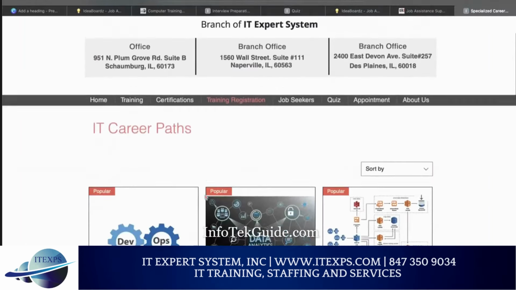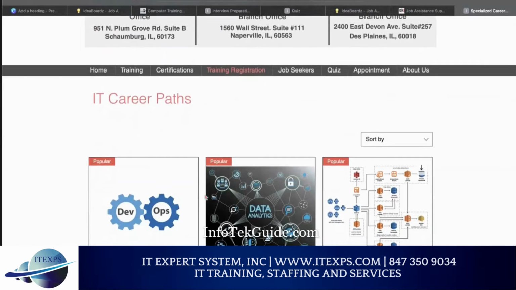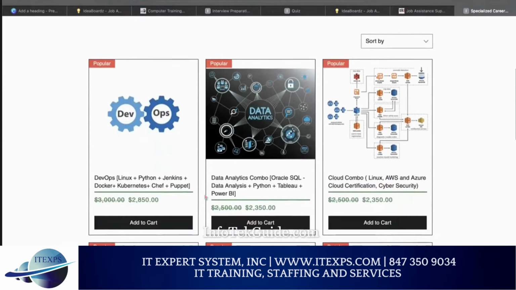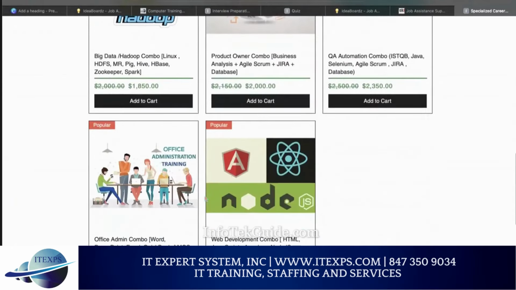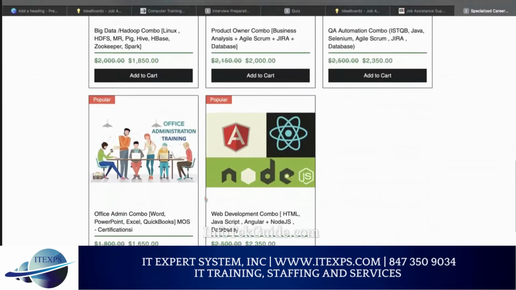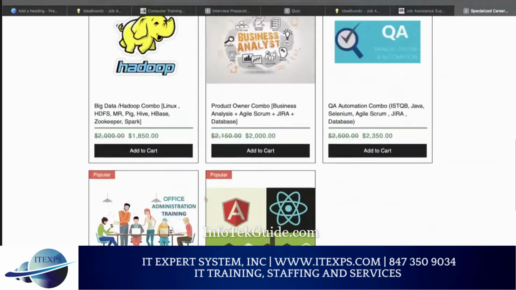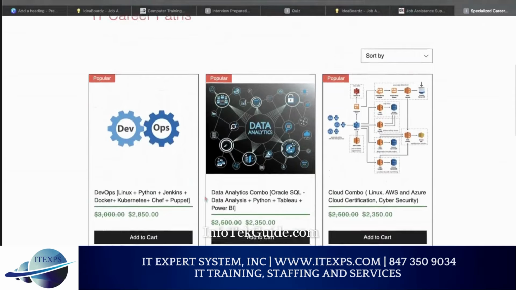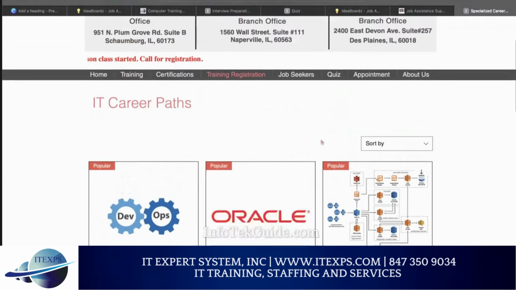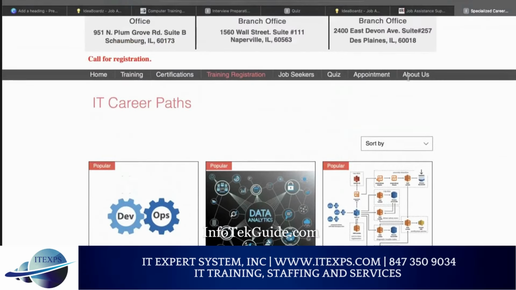Here are our specialized career path programs that you can take, get more information on, with the cost of the courses as well. So go ahead and save these links, guys. They're very important.